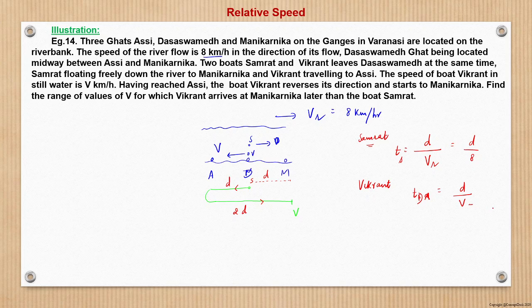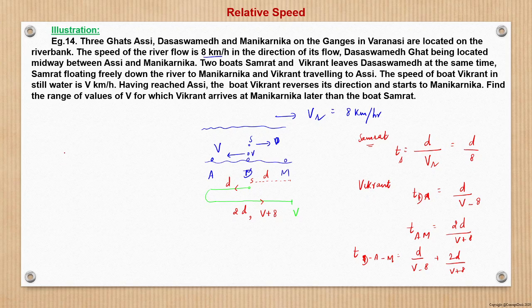And the time from Assi to Manikarnika is the total distance 2D upon the speed, which in the direction of water is V plus 8. So the total time from Dasaswamedh to Assi to Manikarnika is D upon V minus 8 plus 2D upon V plus 8.